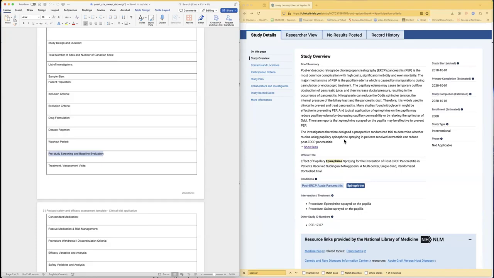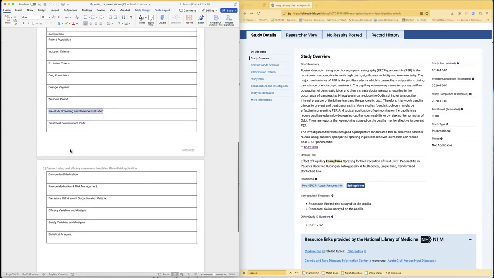Now, something else which is important is that in clinicaltrials.gov, you also have studies where the authors also share with you other documents related to the study. So you can also search for those studies as well.